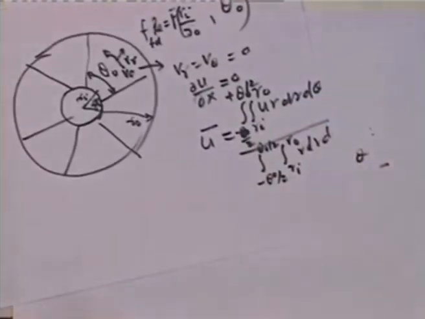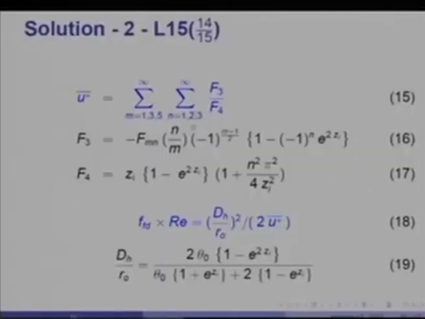If you carry out that evaluation, you get this equal to F3 by 4, the sum given by that. Remember, m varies 1, 3, 5 to infinity, n on the other hand varies as n equal to 1, 2, 3 to infinity, and F3 is given by that and F4 is given by that. Therefore, the friction factor multiplied by Reynolds number is simply dH by Ro squared divided by 2 u bar star square, where u bar is taken from there.